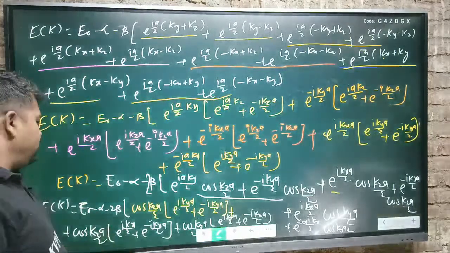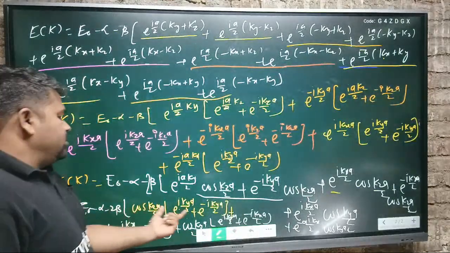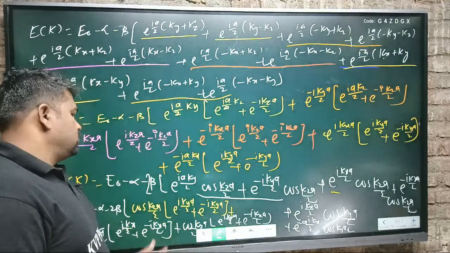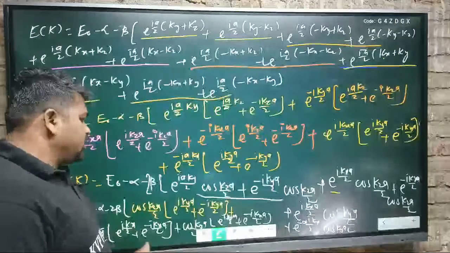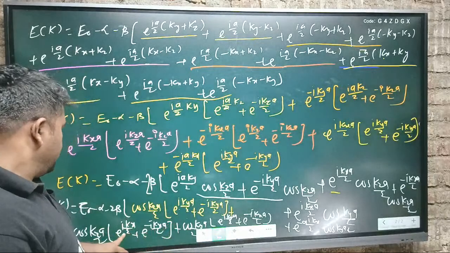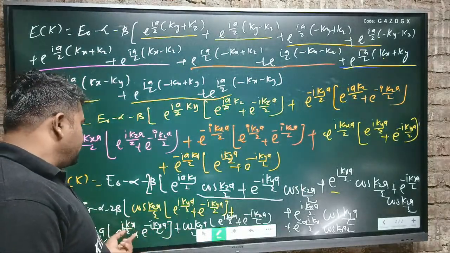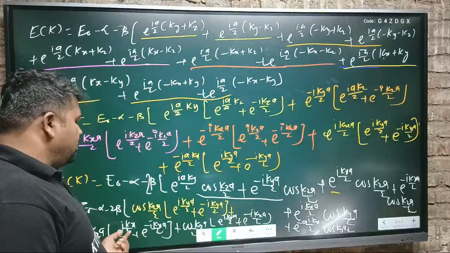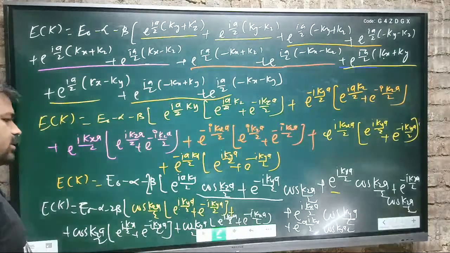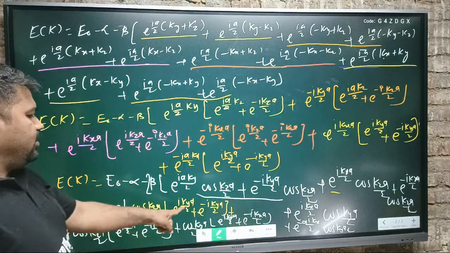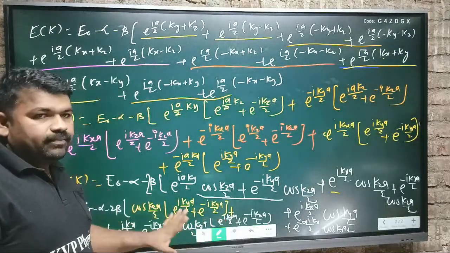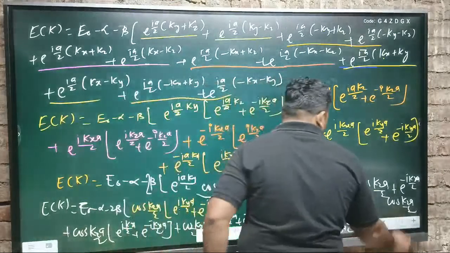This is nothing but cos ky upon 2. This is cos kx upon 2. Means here zy next zx next xy. Got it?